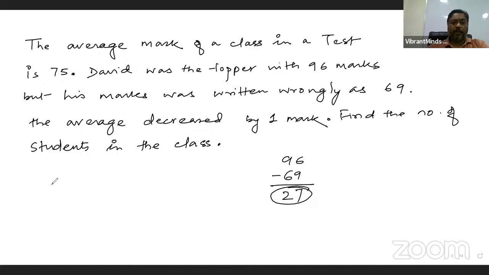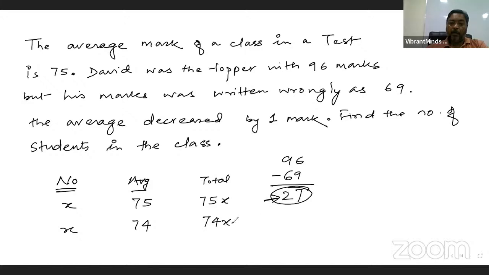Now understand. When I say the number of students is, let's say, x. Average was 75, so the total was 75x. But what is the problem? The average has decreased by 1 mark, so it became 74, and the total is 74x. And why did it happen?